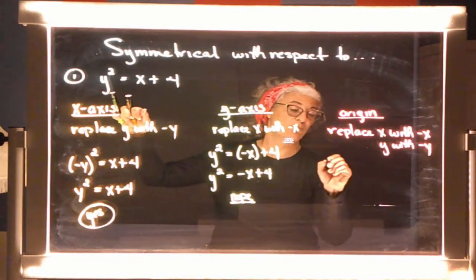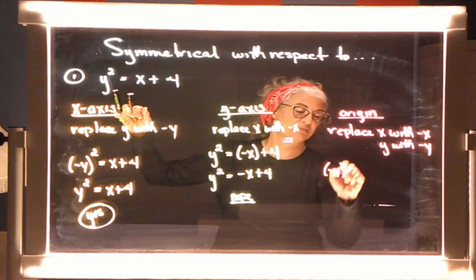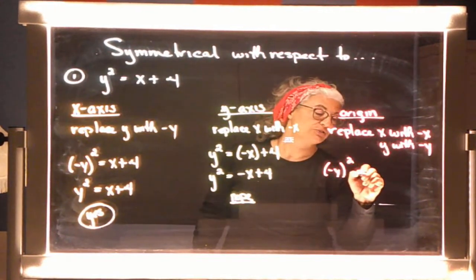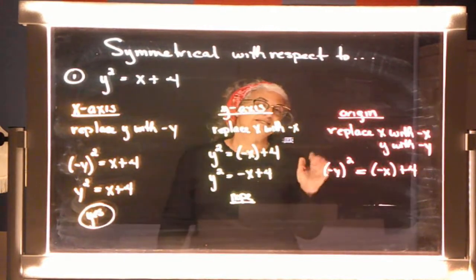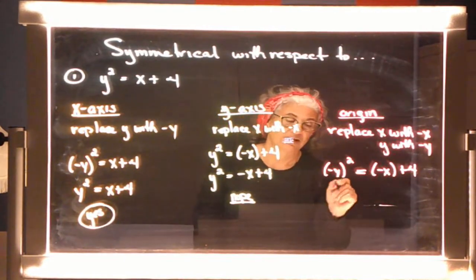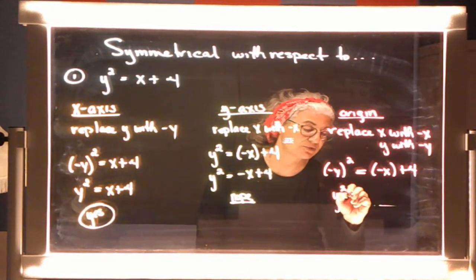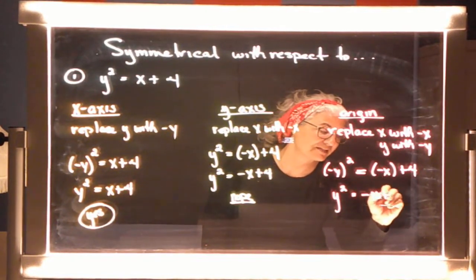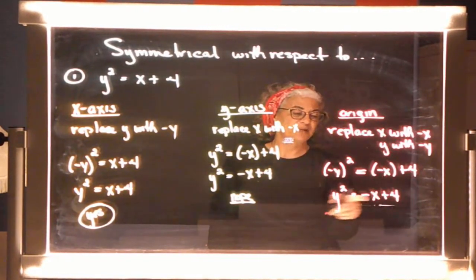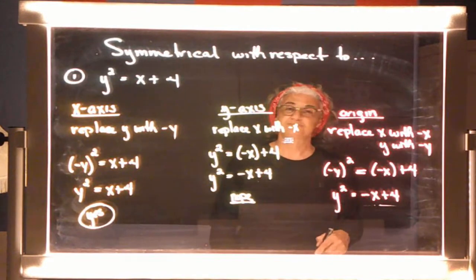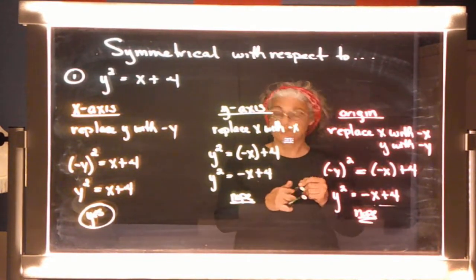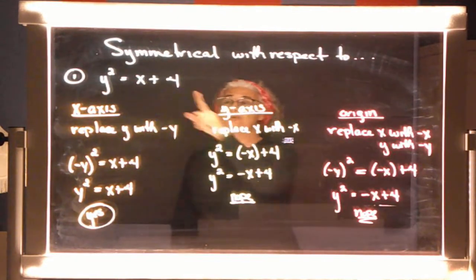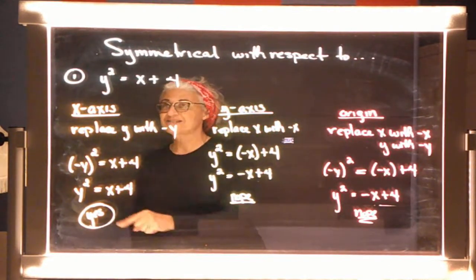So instead of y, I have negative y being squared equal to negative x plus 4. Simplification, this becomes a positive y squared. This is still a negative x plus 4. Is this equation equivalent to the original? Nope. So do we have any origin symmetry? Nope. In this case, this equation has one symmetry, x-axis symmetry.